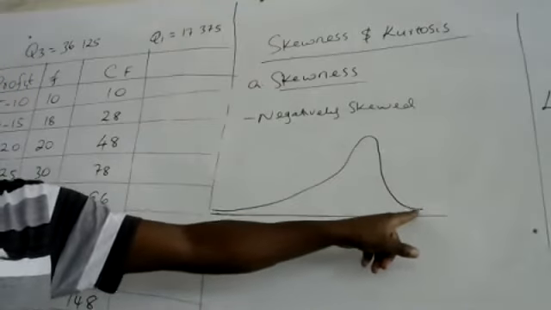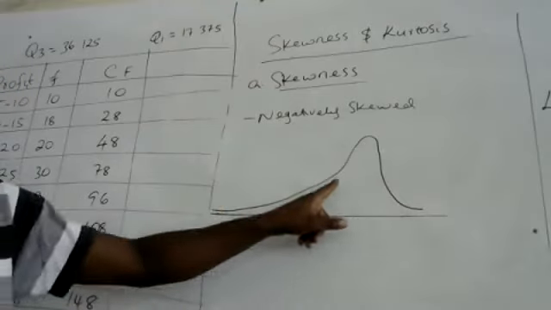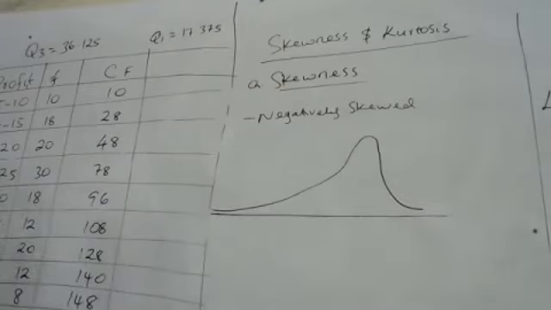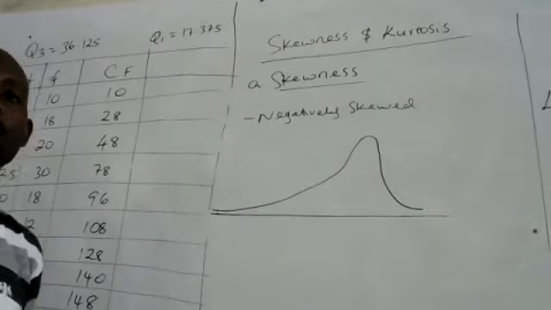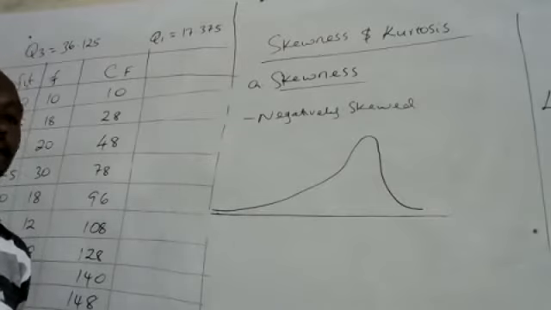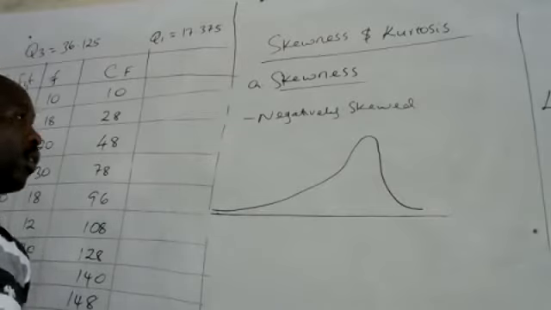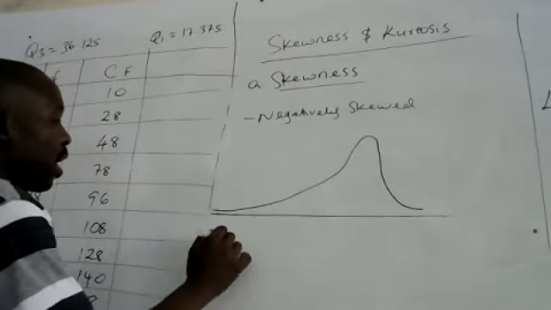And then this tail is very short, but this one is very long. That one we say it's negatively skewed.